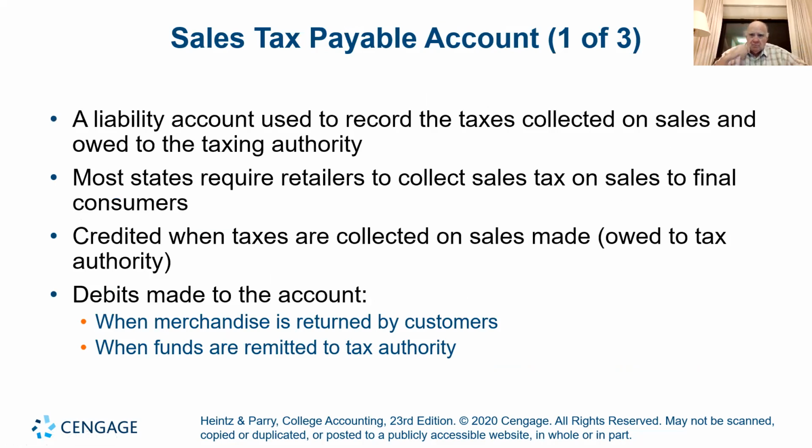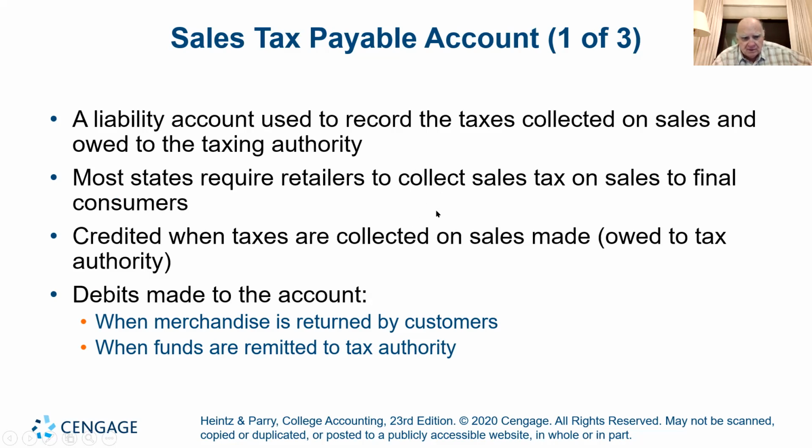Sales tax payable. Whoa, we all know what this is. In Santa Barbara County, I think it's 8.75%. I'm not quite sure. That means you buy something for $100, it's going to cost you $108.75. This is a liability account that the selling company has to have on their general ledger and control.